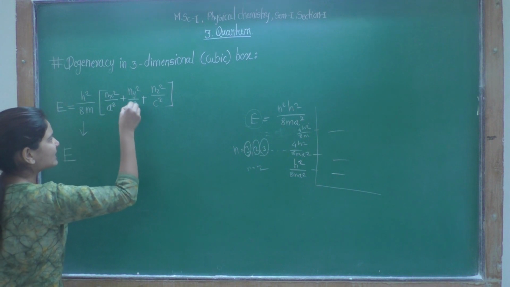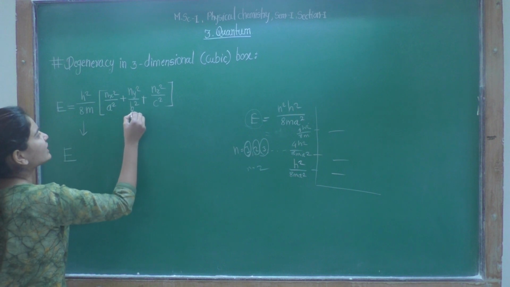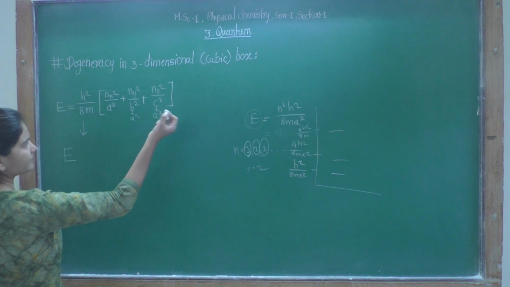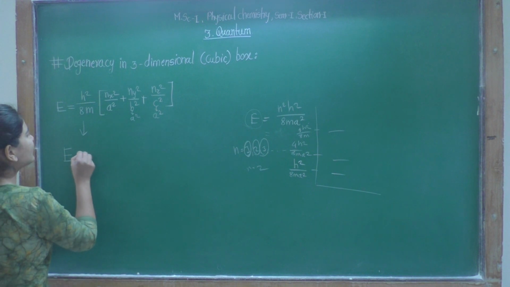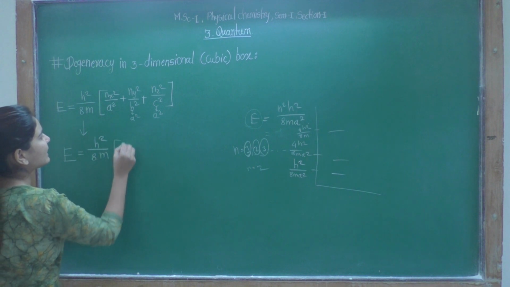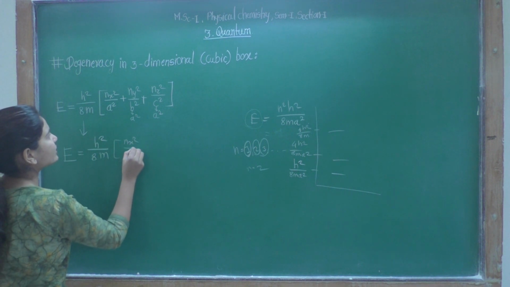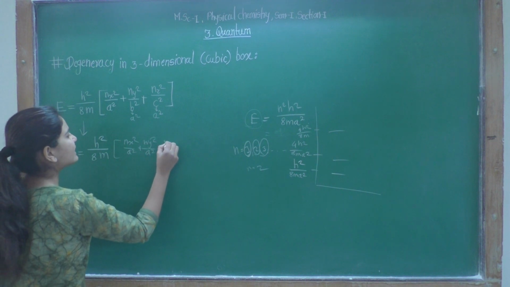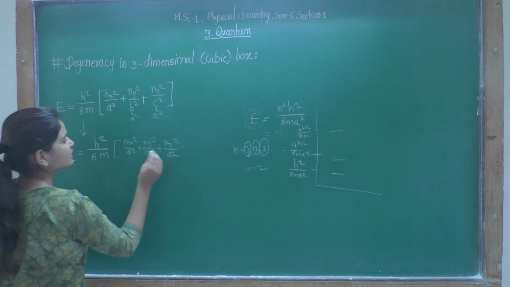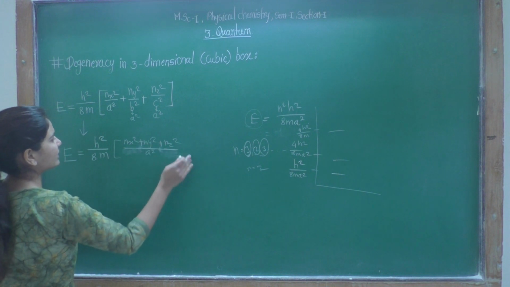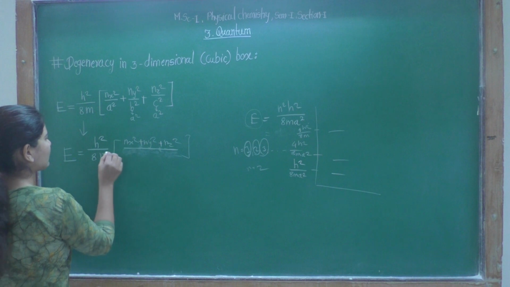a equals b equals c, and therefore we can replace b and c by a. So we will get E equals h square upon 8m in bracket nx square upon a square plus ny square upon a square plus nz square upon a square. We can write a square in common and take it outside.